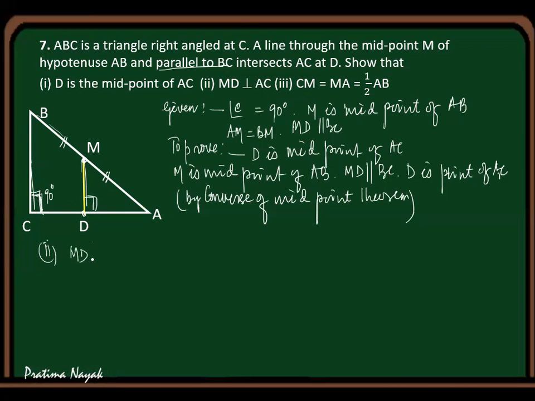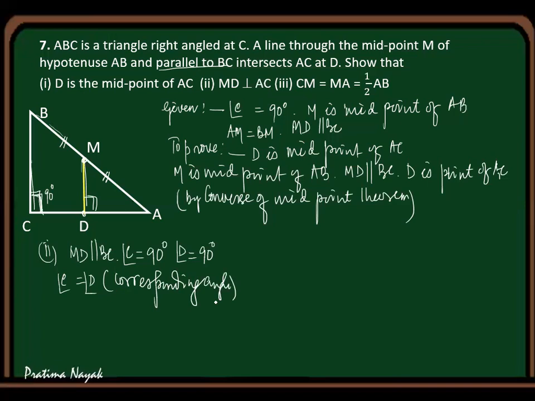MD is parallel to BC is given and angle C is 90 degrees. So that means D is also 90 degrees. Why? C is equal to D, corresponding angles. So when D is 90 degrees, MD is perpendicular to AC.